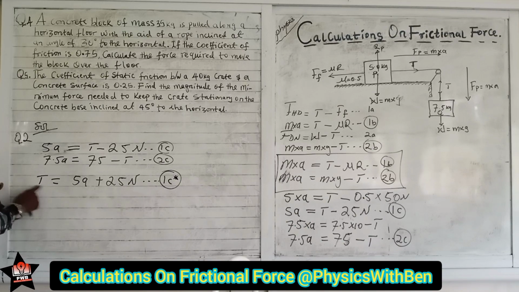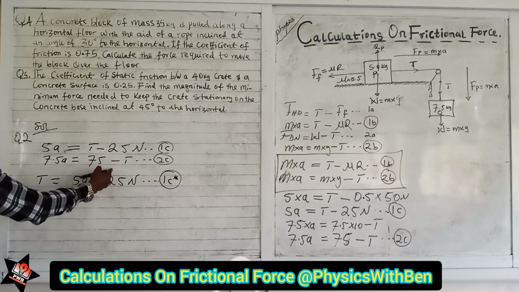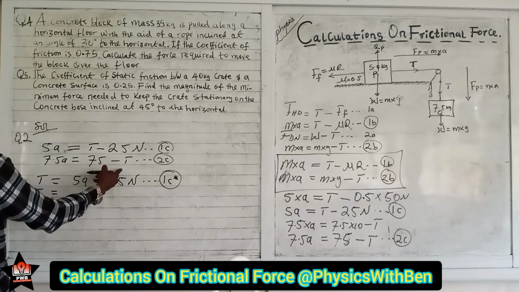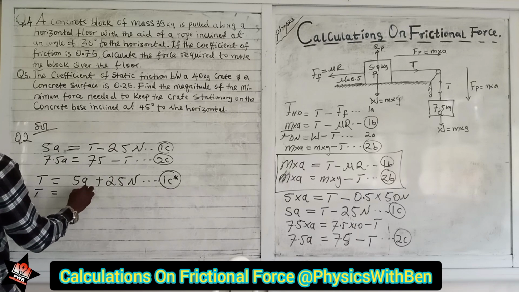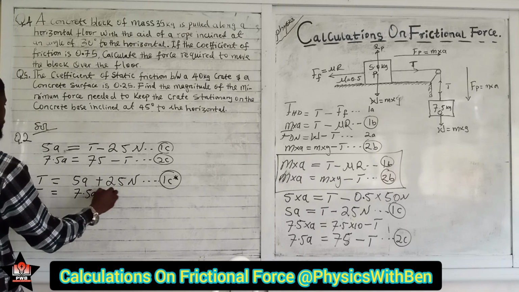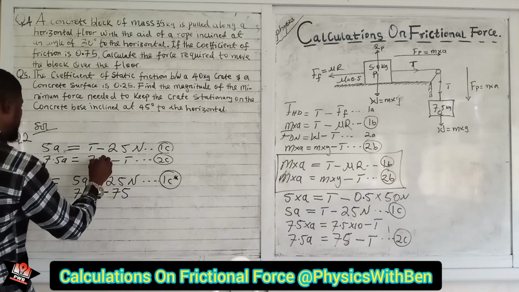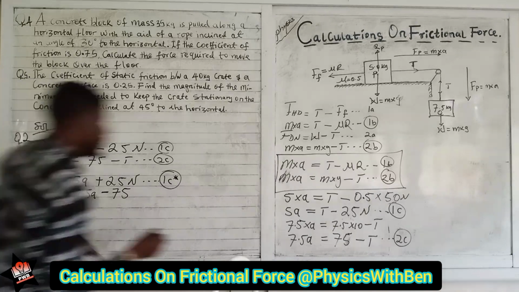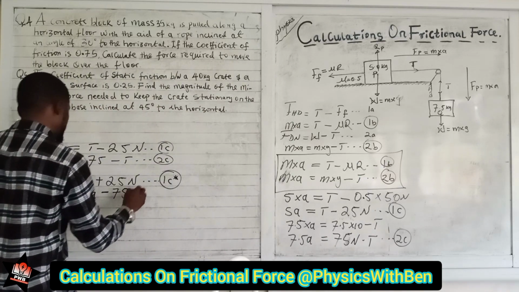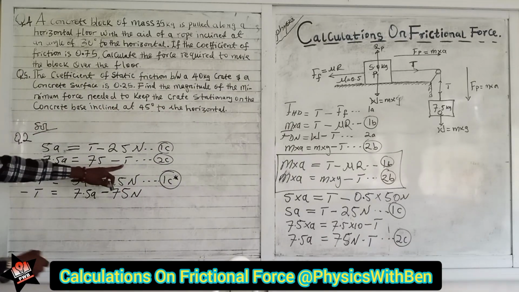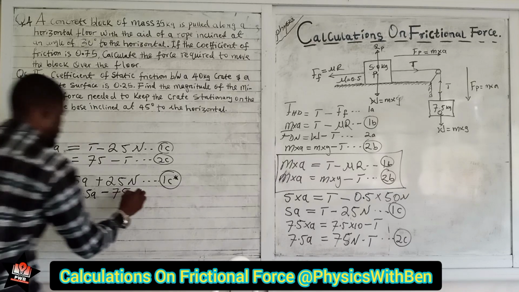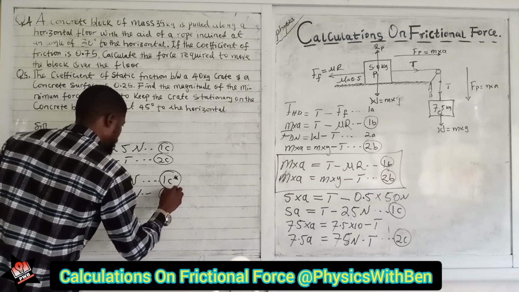And then we also have the second one written: minus T is equal to 7.5A minus 75 Newton. We also call this equation 2C star.